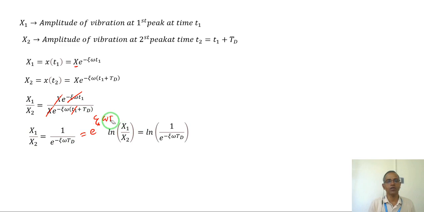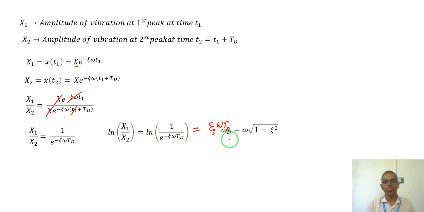So the natural log of x1 by x2 simply becomes xi omega Td. We know that omega d is omega n into the square root of 1 minus xi squared, and also Td equals 2 pi by omega d.